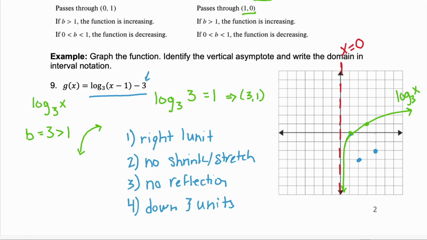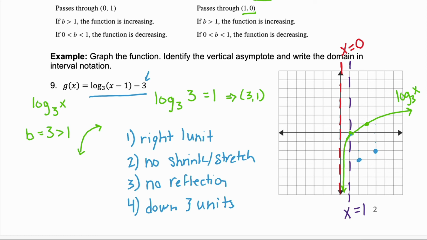Before we connect those dots and draw our curve, we also want to shift our vertical asymptote. And because it's vertical, we're looking for a shift left or right, and we need to move it right 1 unit. So our new vertical asymptote is going to be here, and that is going to be x equals 1.